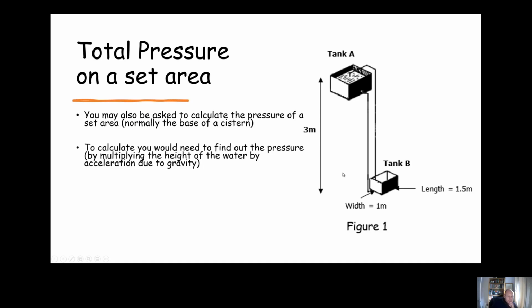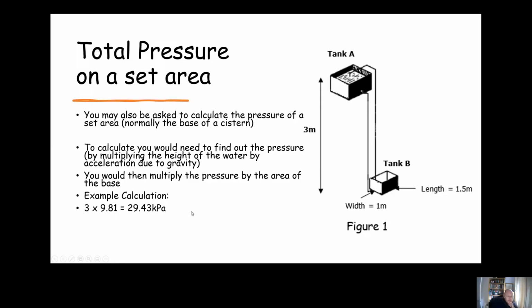To calculate this, you need to work out what the pressure is, and that's the pressure spread over a metre squared. Then you can work out the total pressure on the base of the cistern by multiplying the length and the width, and that would then tell you the total pressure over the area.